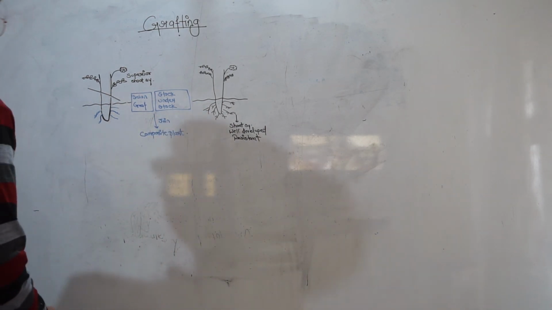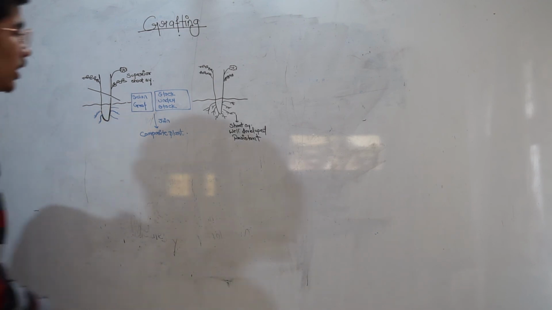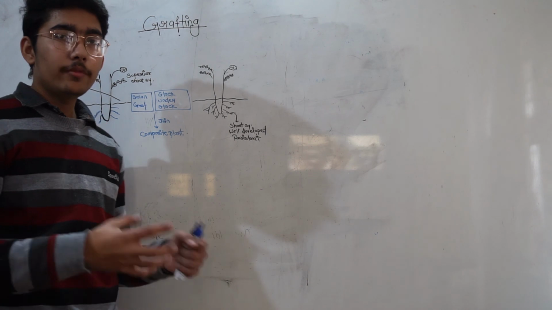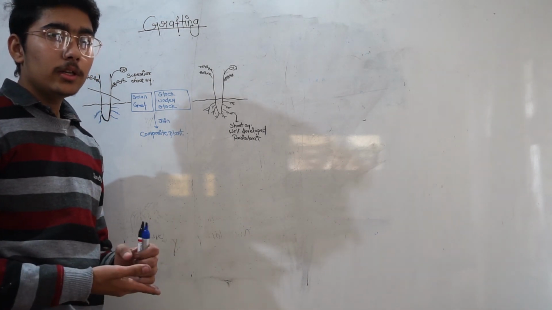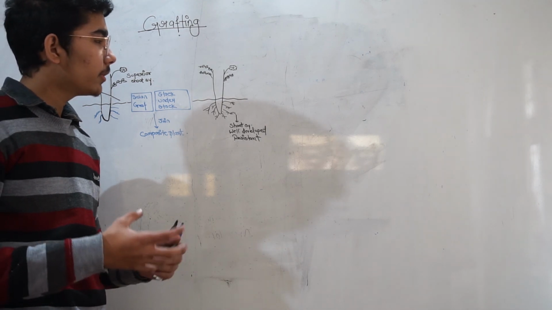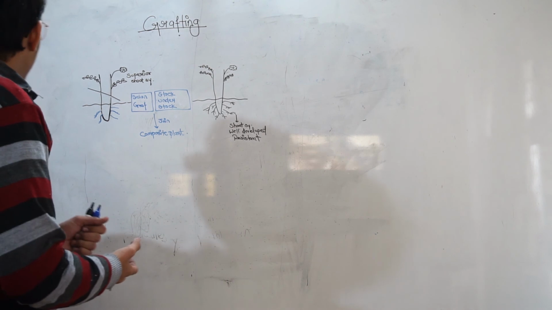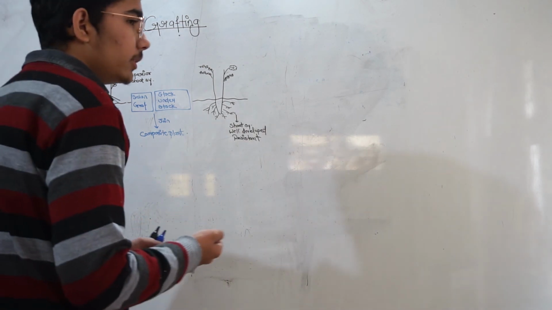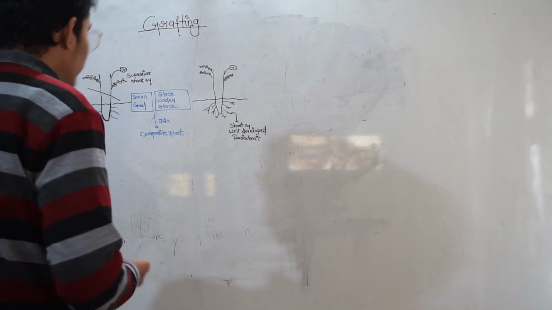Now, after the joining of two different parts of two different plants, there will be the formation of lateral meristem cambium.